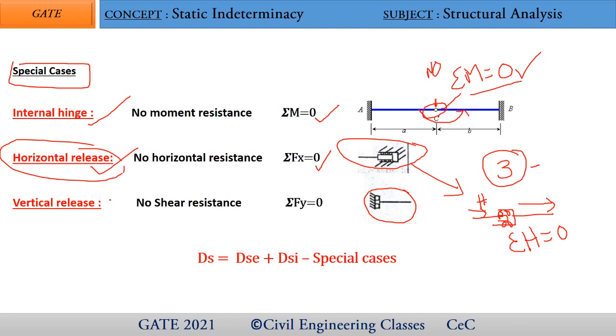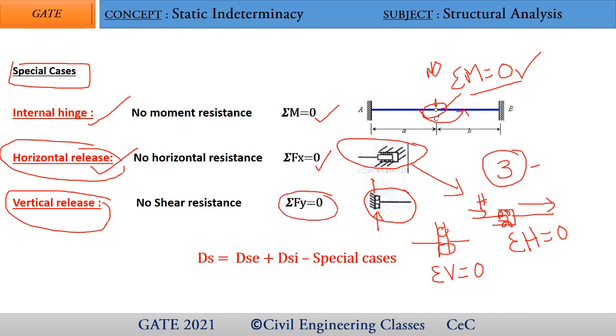Similarly, if there is a vertical release support, there won't be any shear resistance, meaning whatever the vertical force is, it will be transferred to the other member. Here you can see there are 2 members connected by a vertical hinge. In this case there won't be any vertical reaction, so the sum of the vertical forces is equal to 0, that is, sum of Fy equals 0.